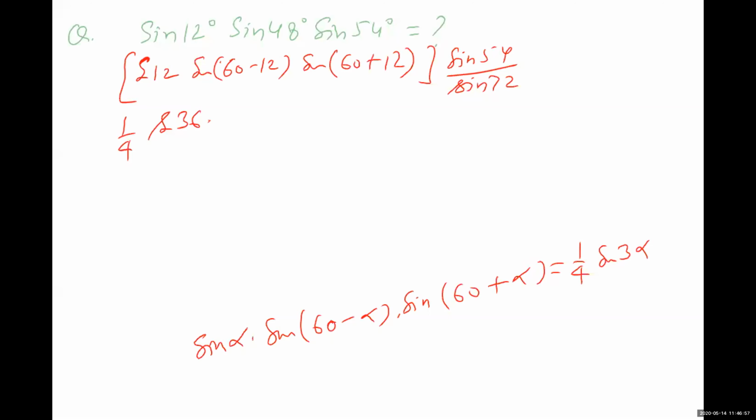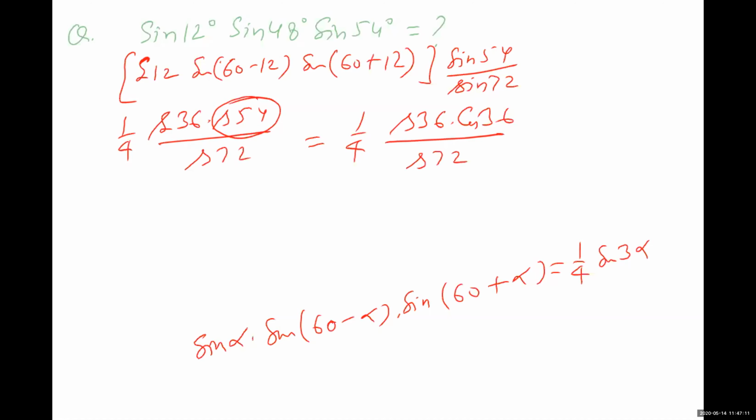Sine 54 upon sine 72, so you can write 1/4 sine 36. Sine 54 is also cos 36 upon sine 72. So this is 1/8 sine 72 upon sine 72, which is equal to 1/8. See the application of this formula.